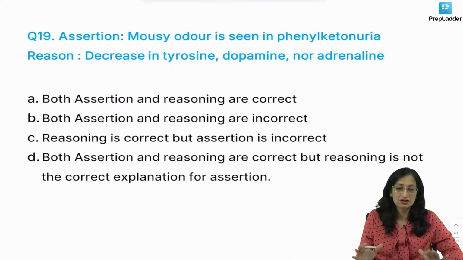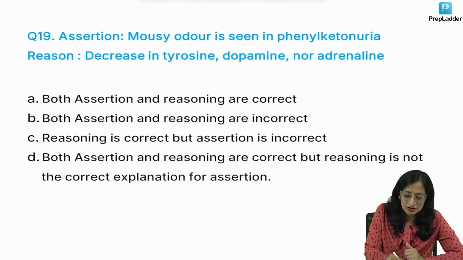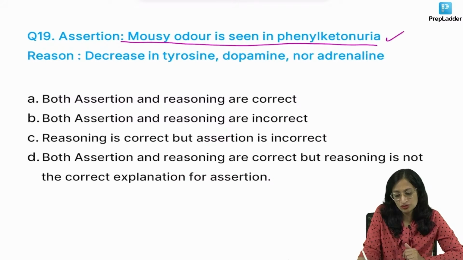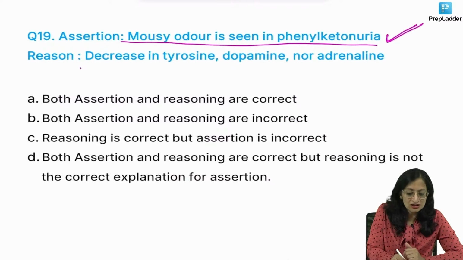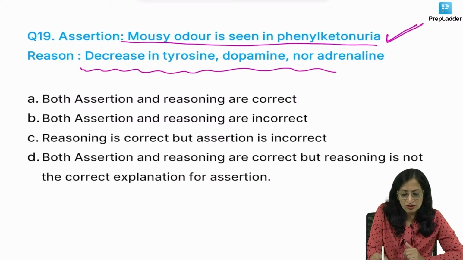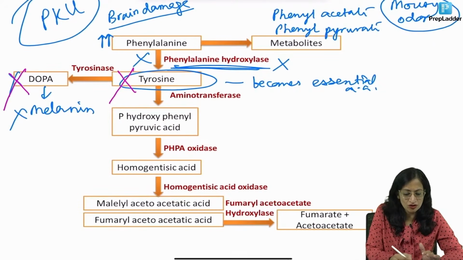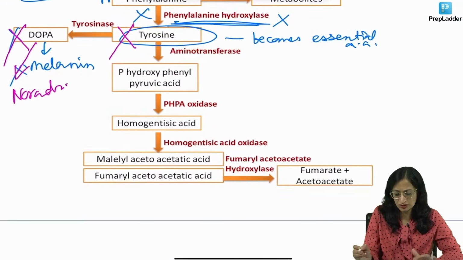Moving ahead, you have an assertion reasoning kind of question. Mousy odor is seen in phenylketonuria. Is it correct? Yes, we know it is correct. The reason: decrease in tyrosine, dopamine and noradrenaline. Tyrosine is not getting formed, DOPA is not getting formed, and melanin and noradrenaline are not getting formed, so this statement is also correct.